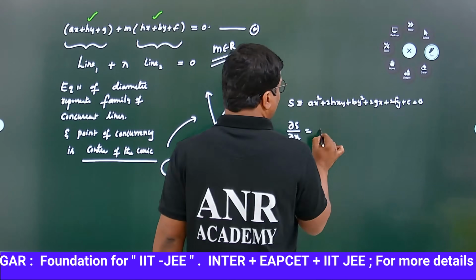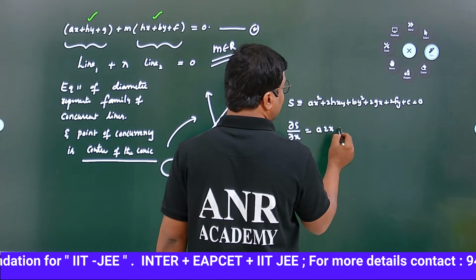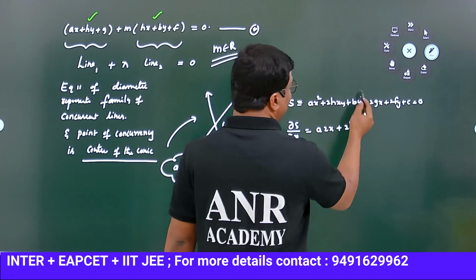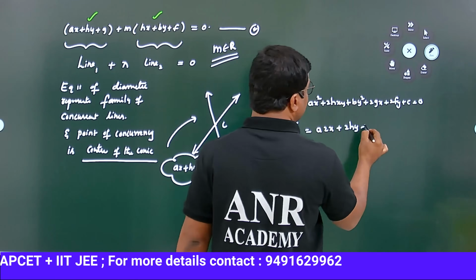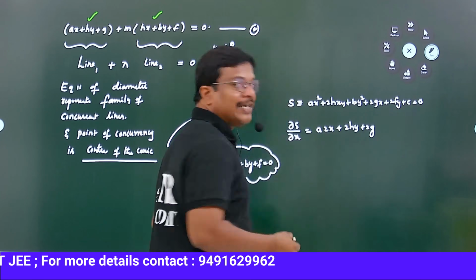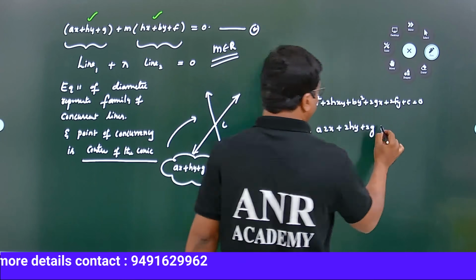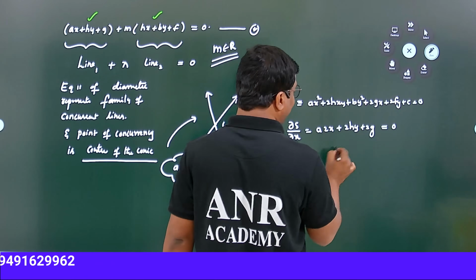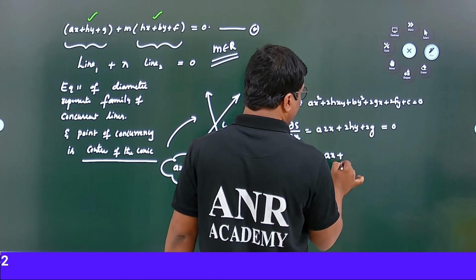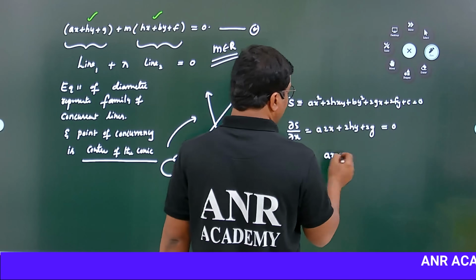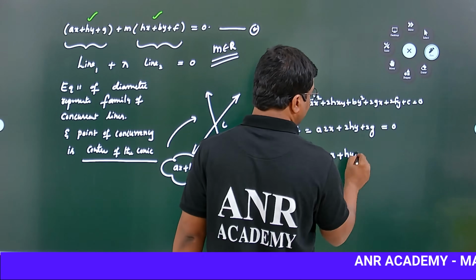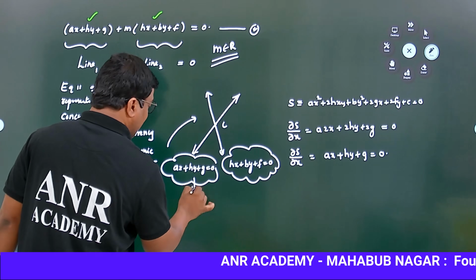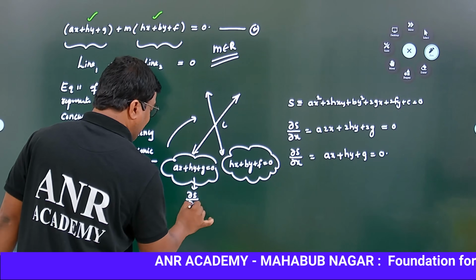So a constant, x square derivative 2x, next 2h and y, they are constants, x derivative 1, b y square constant, its derivative 0, 2gx, its derivative 2g, 2fy and c both are constants, their derivative 0, and hence the result dou s by dou x becomes, neglecting 2, ax plus hy plus g equal to 0.